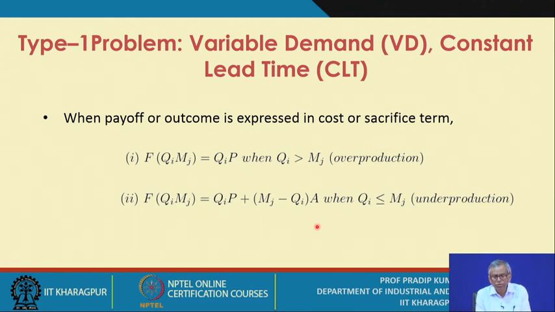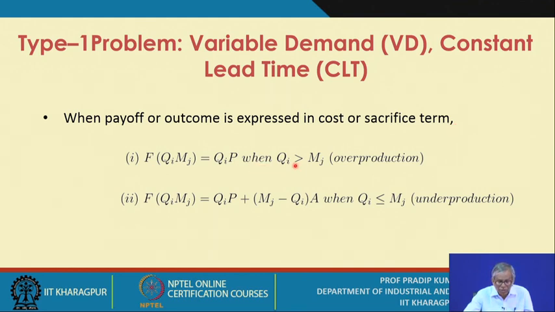So you need to formulate the problem in terms of cost elements only. Cost is also known as sacrifice, so the payoff or outcome is expressed in cost or sacrifice terms, since you are dealing with production.